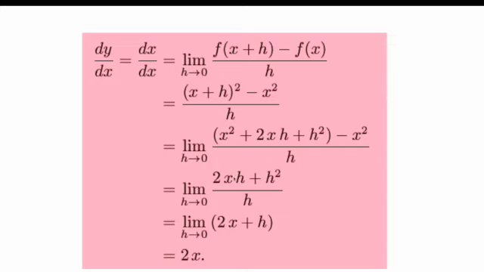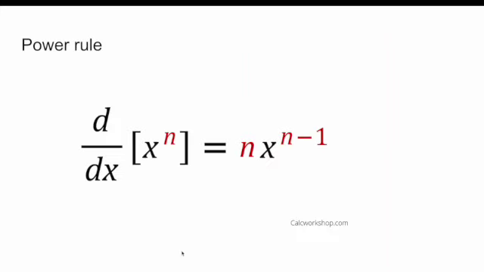Then I just cancel off these x squareds, because we have a plus x squared here, a minus x squared here. So we have 2xh plus h squared divided by h. If we divide out the h, because we have an h here and an h here, we get 2x plus h. And if we just substitute h equals 0 in, we get that it's equal to 2x. So the derivative as h approaches 0 is 2x.